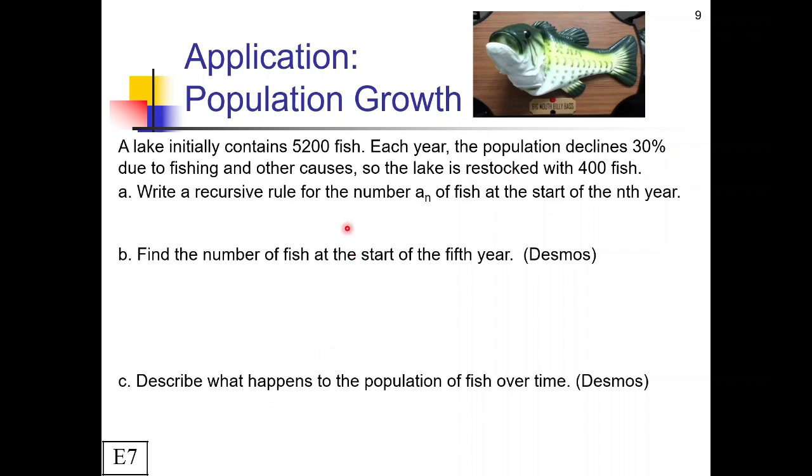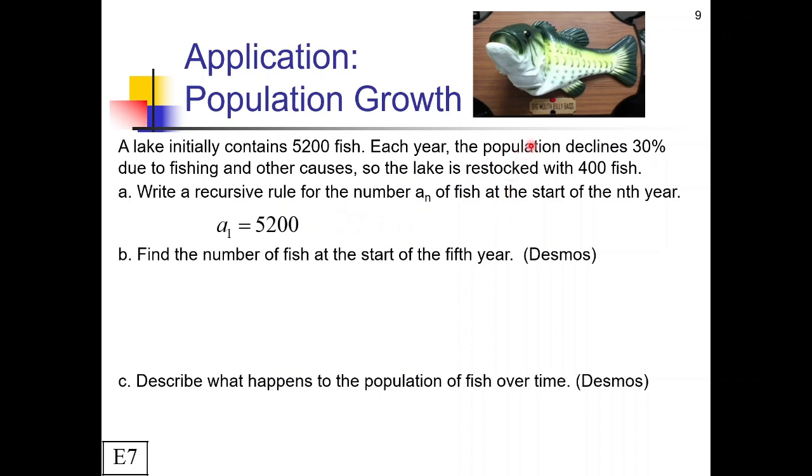All right, so if I'm doing a recursive rule for number of fish at the start of the nth year, at the start of the 1st year, our lake initially contains 5,200 fish, so we can say a sub 1 equals 5,200. That's our base case. Now what's happening at the start of every subsequent year?